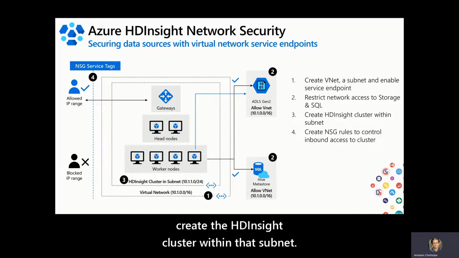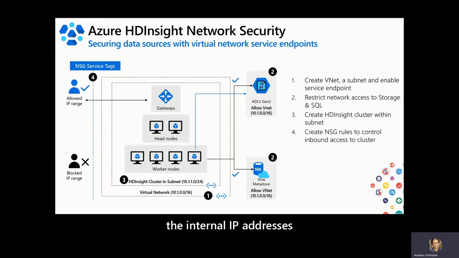Then you would create the HDInsight cluster within that subnet. And lastly, you would create some NSG rules that at the very least allow our management plane, or control plane, access to your cluster. You can potentially block everybody else and allow your users to only use the internal IP addresses that are not visible to the external world.